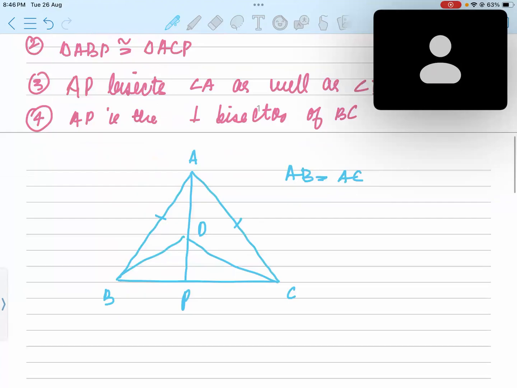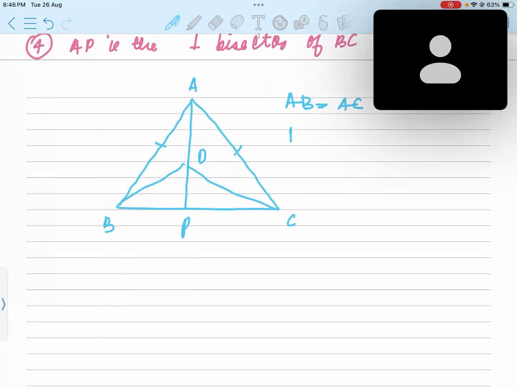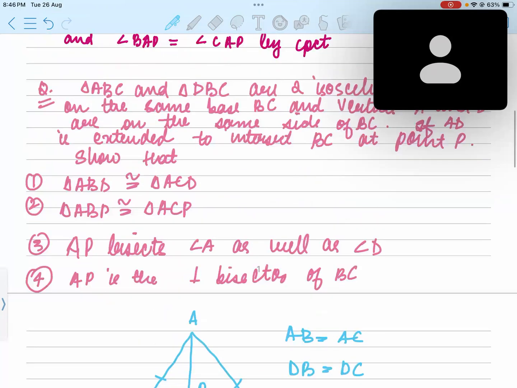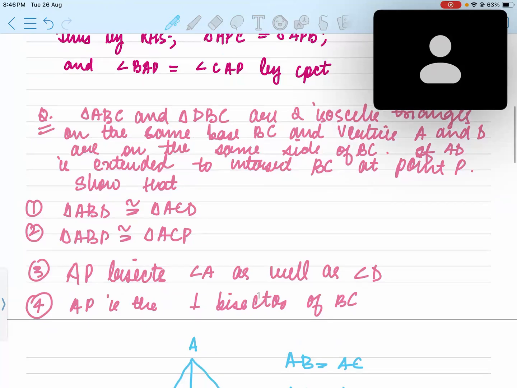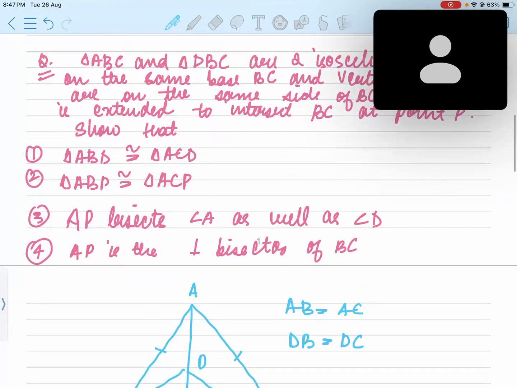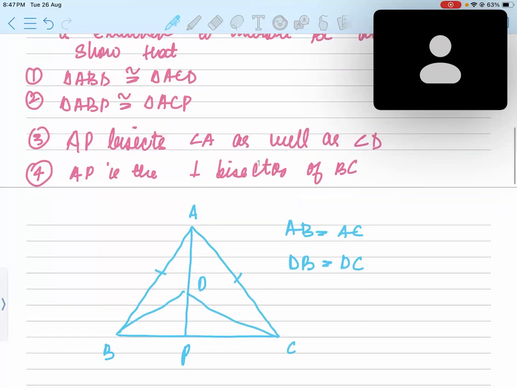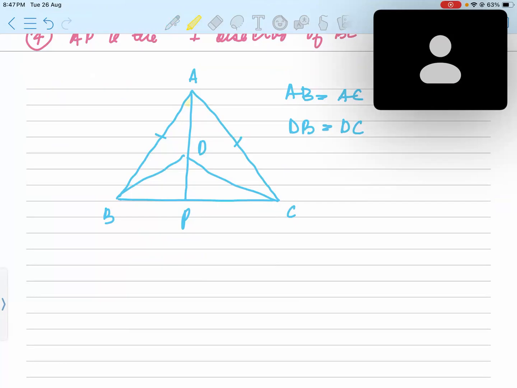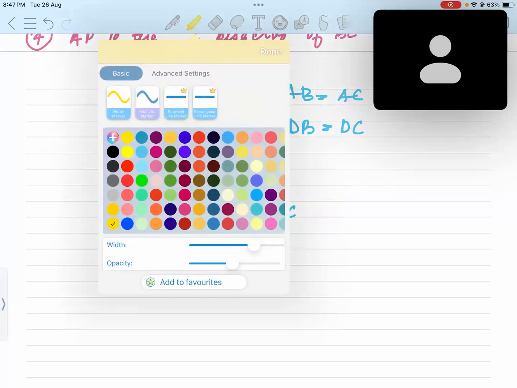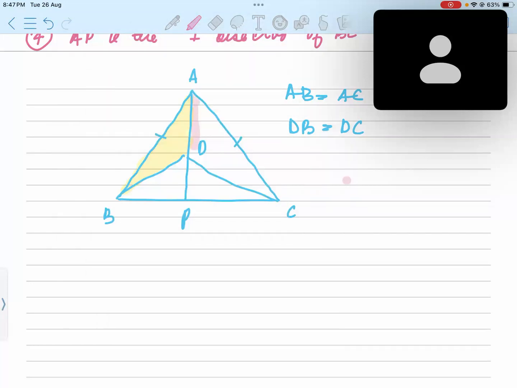And DBC also they are saying is isosceles, so DB is equal to DC. And the vertices A and D are on the same side of BC. If AD is extended to point P, now you have to show that triangle ABD is congruent to triangle ACD. So children, look here. You have to show this triangle is congruent to this one.